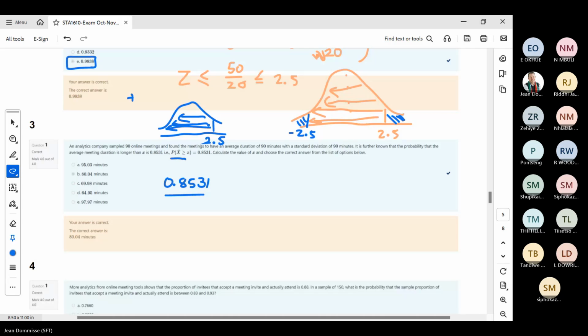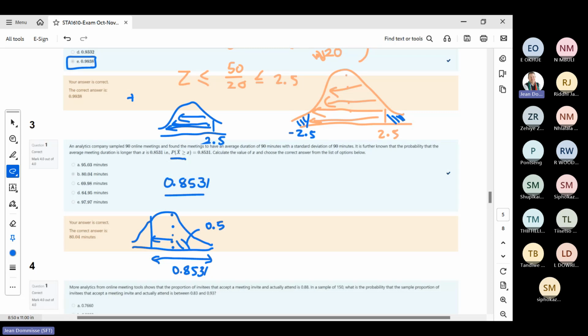The first thing I would look at is that they're telling me X is bigger or equal to something. Here is 0.5, so somewhere on this side will be something where this whole probability is equal to 0.8531.